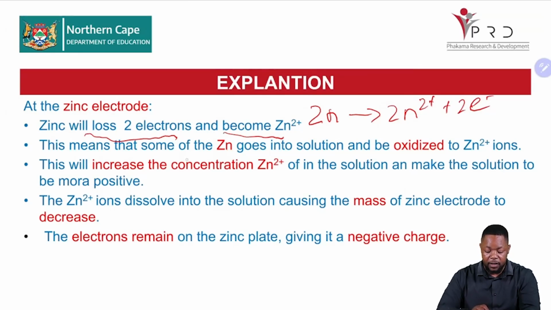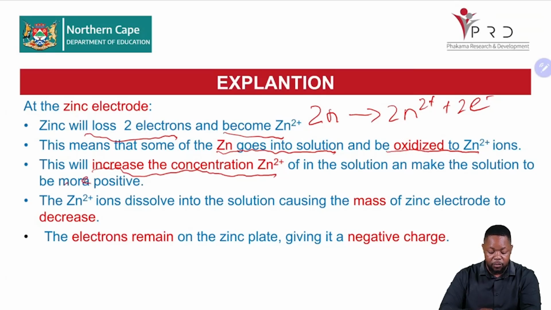This means that some of the zinc goes into the solution and becomes oxidized to Zn2+ ions. This will increase the concentration of the Zn2+ ions in the solution and make the solution more positive.